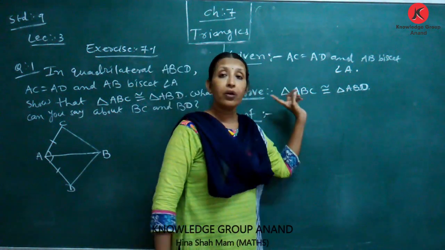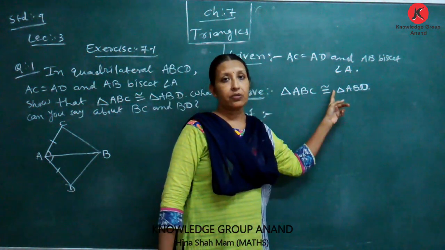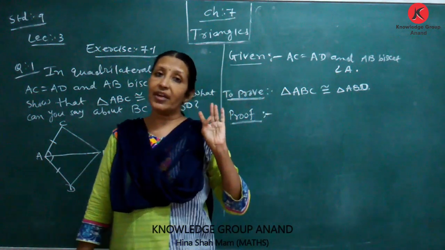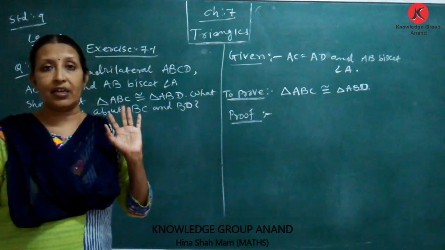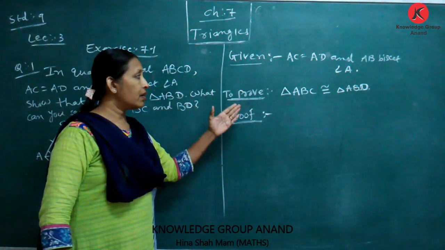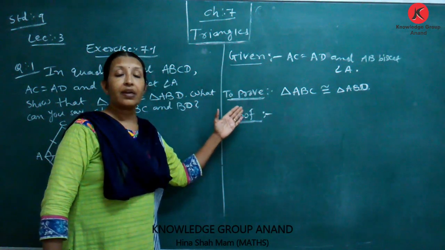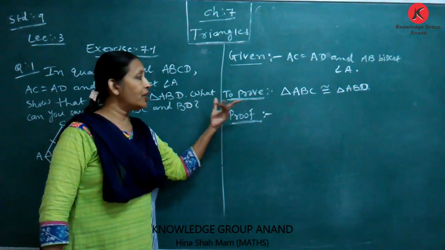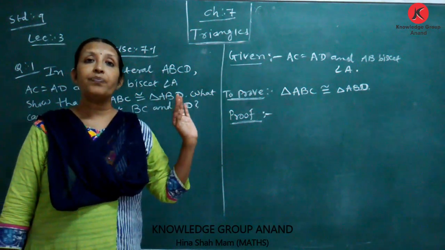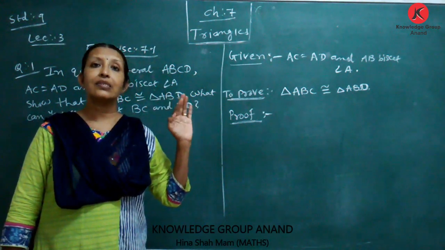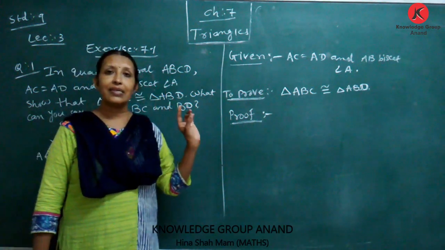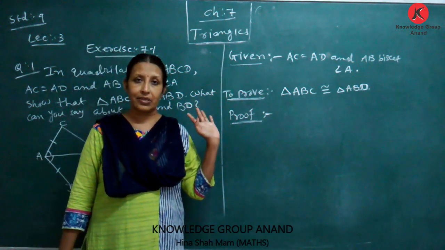To prove congruence of two triangles, we use 5 criteria, and among the 5 we use any one criterion. Which are the 5 criteria? SAS, ASA, AAS, SSS and RHS.